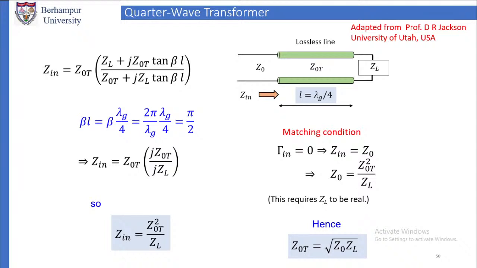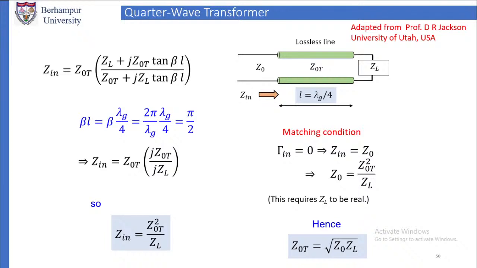So what will be Zin? Zin is the input impedance that you see from the first transmission line, whose characteristic impedance is Z0. From that end you see the second transmission line at the junction of the two transmission lines with characteristic impedances Z0 and Z0T.